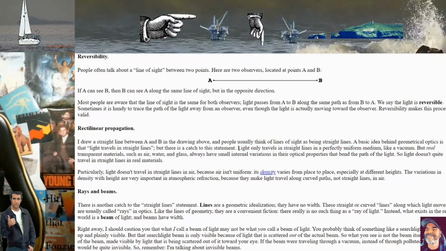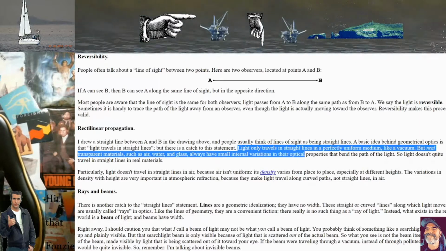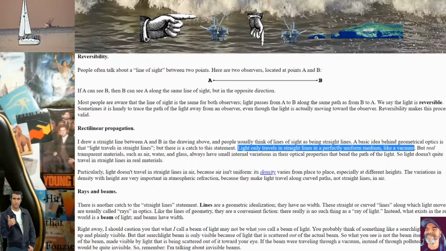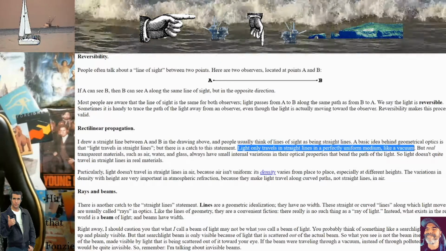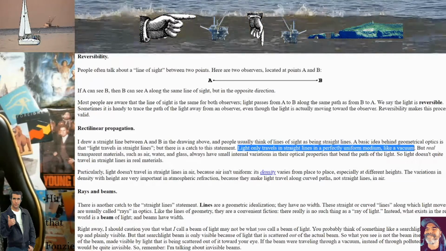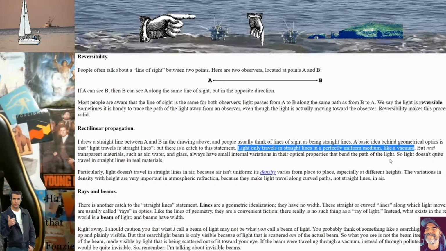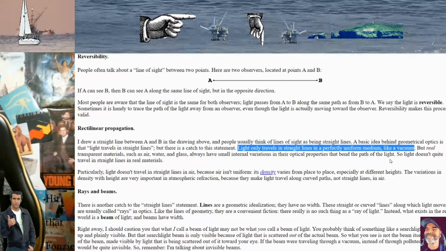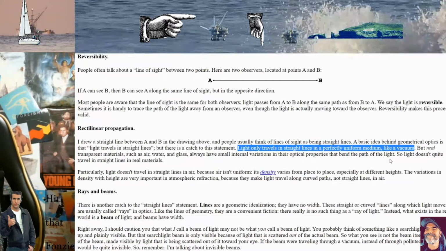Okay. But light only travels in straight lines in a vacuum. The only place a vacuum exists is in the mind. We do not have vacuums on Earth.